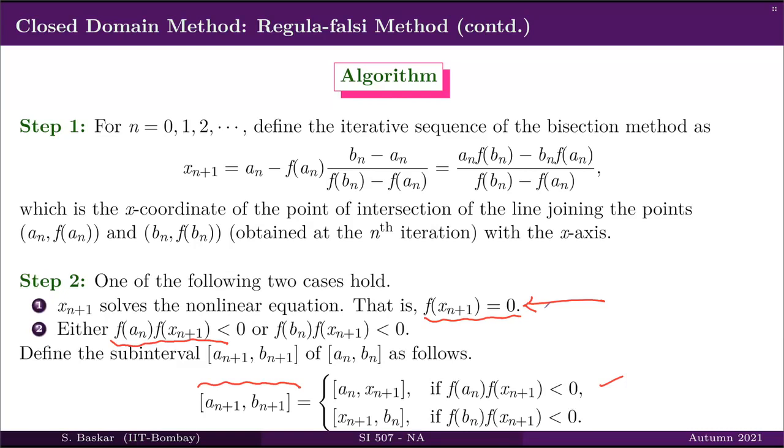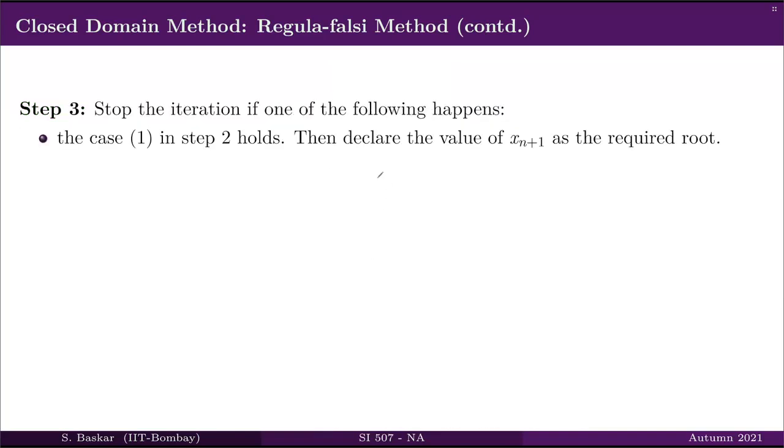Can we follow the same idea in the Regula-Falsi also, is the question. Well, the situation here is not that easy. Why? Because let us take this example, a naught to b naught, and I have the equation f of x equal to 0 in such a way that the graph of the function f is like this, say. Then you can see that the first iteration is like this. The second iteration will be going like this.